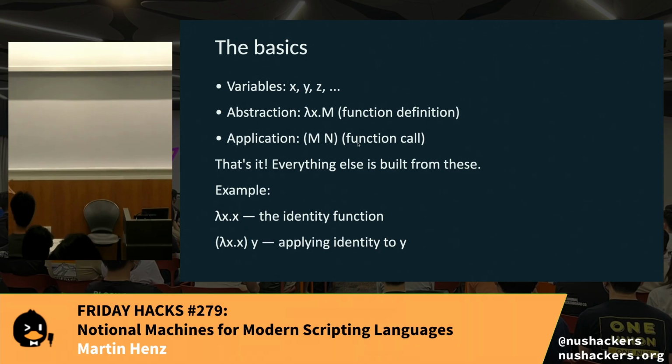And how do these expressions look like? Well, they can be variables, there can be these lambda expressions, and there can be applications. And that's it. You apply some expression to some other expression, and you have a new expression. So these three things are all there is in this lambda calculus.